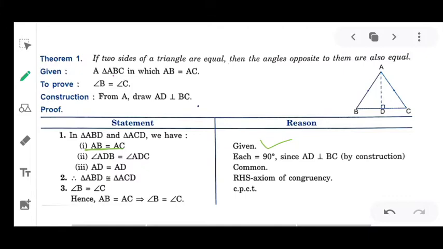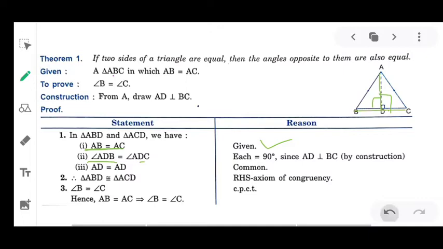And angle ADB equals angle ADC, and these two angles are 90 degrees because AD is perpendicular to BC.